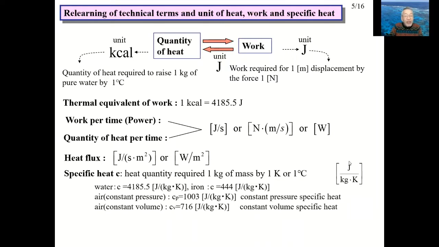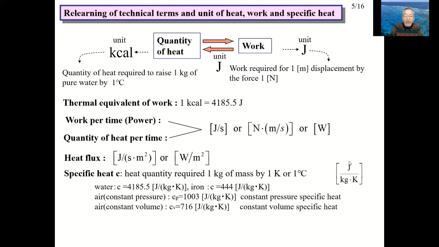The specific heat of water is 4,185.5 joule per kilogram Kelvin. This value is the same as the work equivalent of heat. The specific heat of iron is 445 joule per kilogram Kelvin.